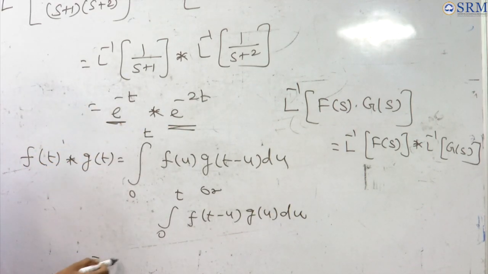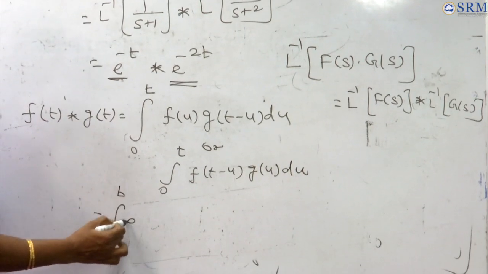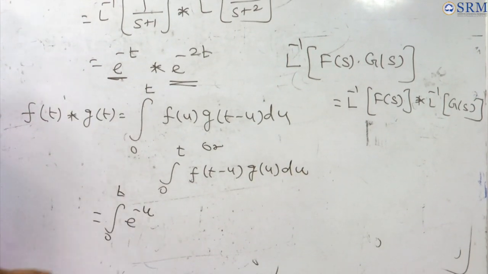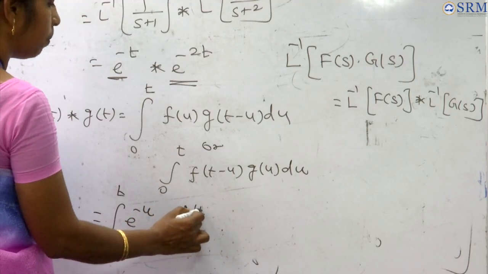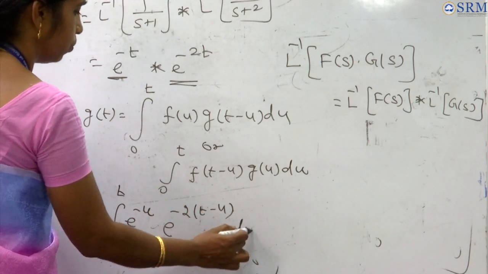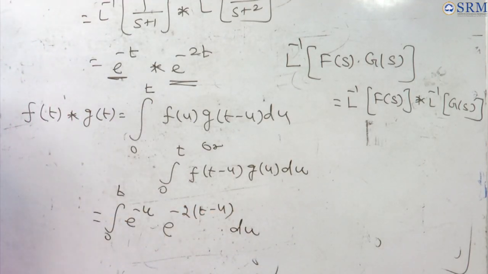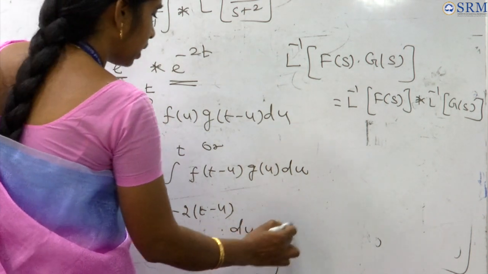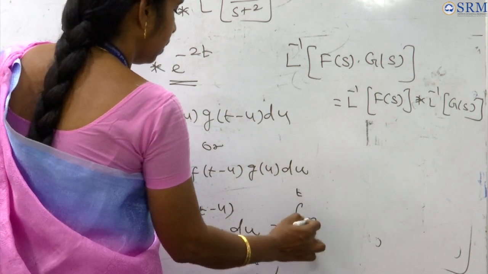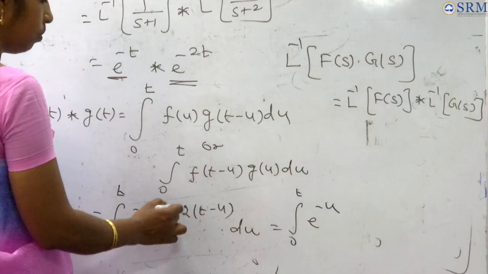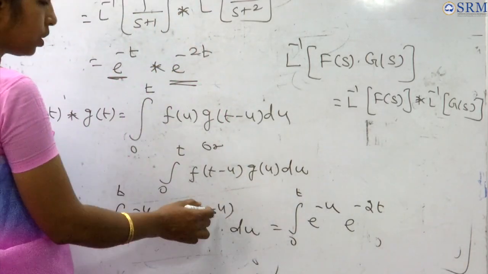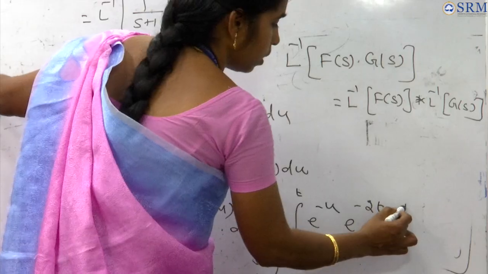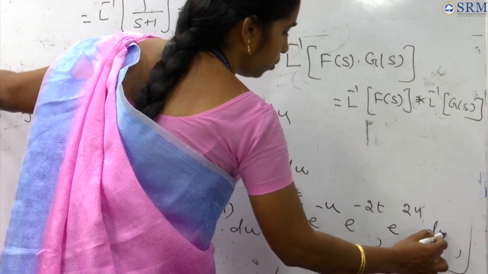So integral from 0 to t of e power of minus u, e power of minus 2 into (t minus u) du. Integration with respect to u. So integral 0 to t e power minus u, e power of minus 2t, minus into minus is plus, so e power of plus 2u du.